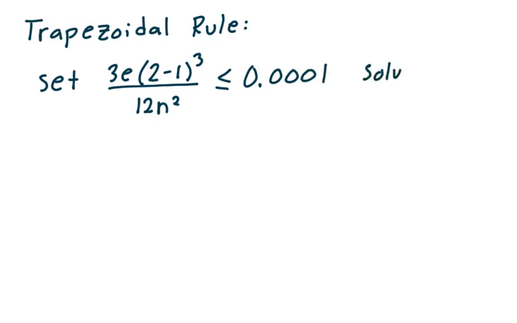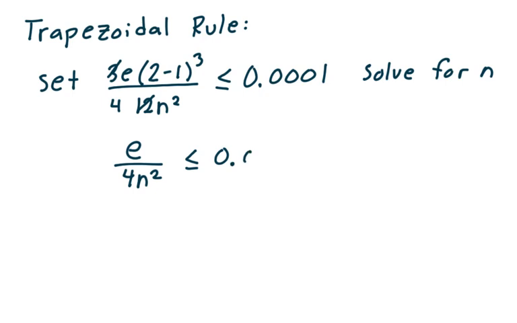Solve for n. Okay. Now, 3 goes into 12 4 times, and so I get e over 4n squared is less than or equal to 0.0001.